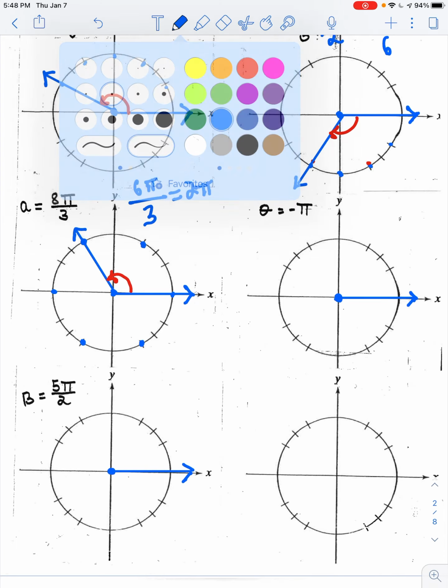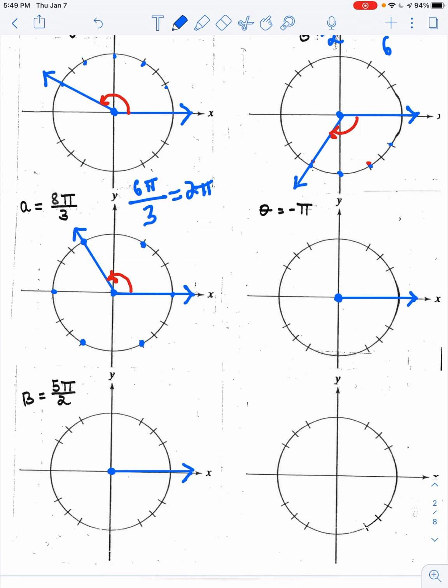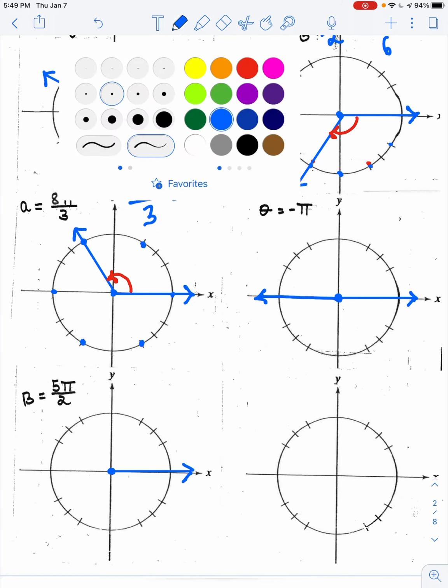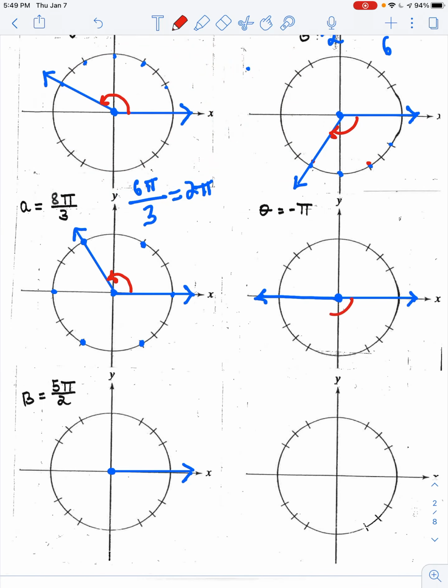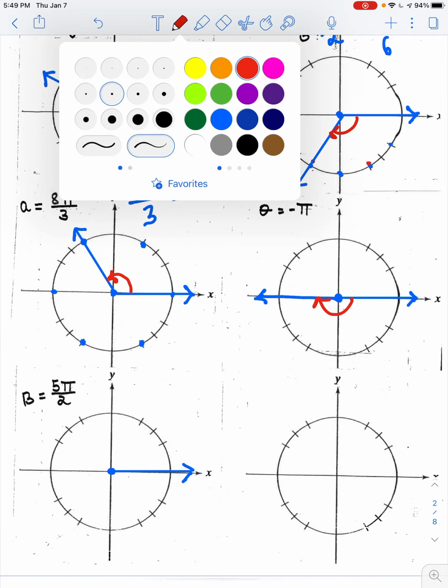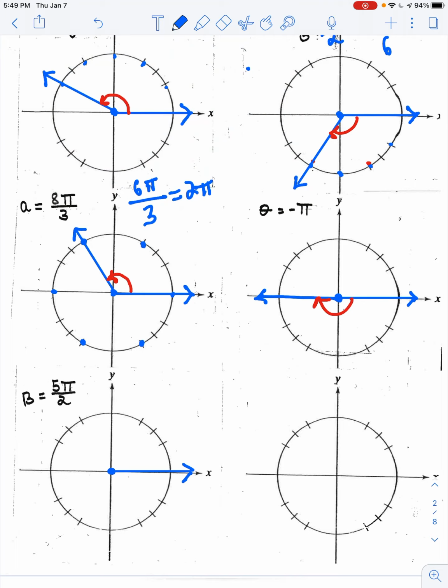Negative pi. That's easy. We're just going clockwise pi radians, and we would be going this way. And finally, 5 pi over 2. This is counting by multiples of pi over 2, or 90.